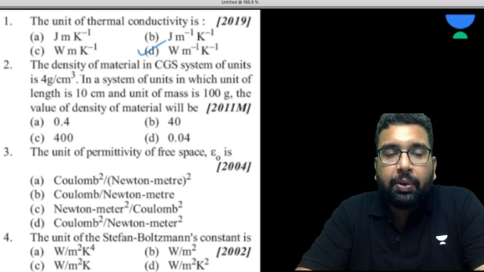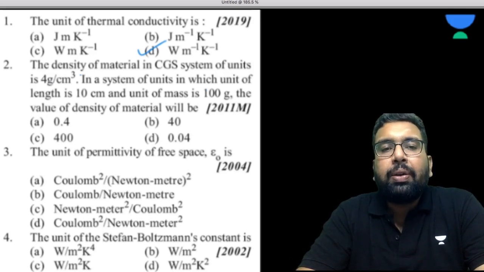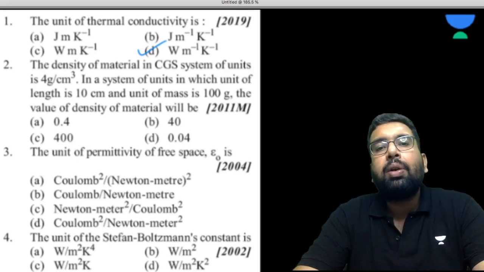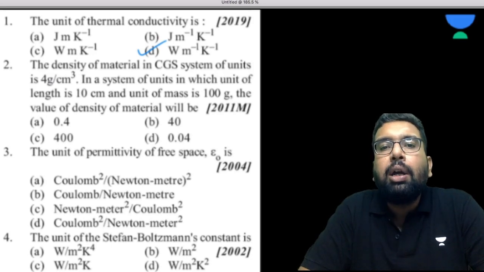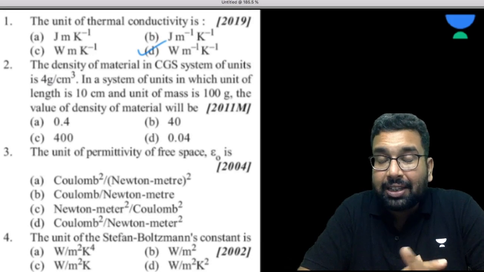Now moving to the second question, a very interesting question. Let's read the question. The density of a material in the CGS system of units is 4 gram per centimeter cube. In a system of units in which the unit of length is 10 centimeters and the unit of mass is 100 gram, the value of density of the material will be... Now, what does that mean?